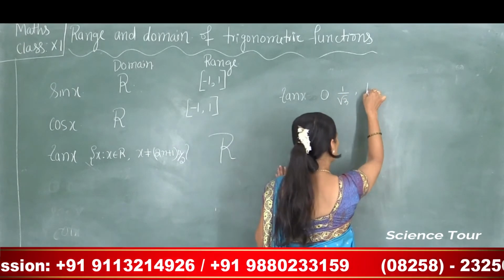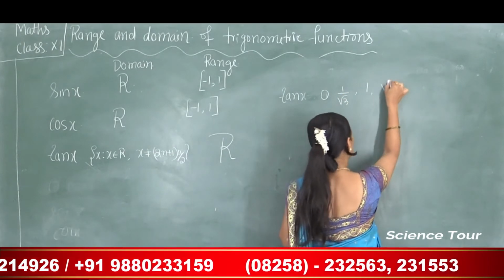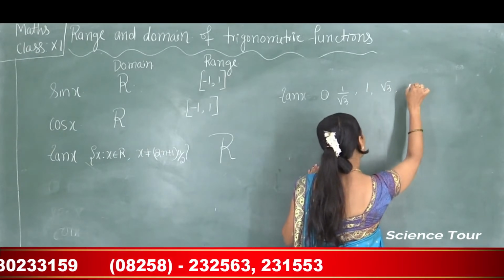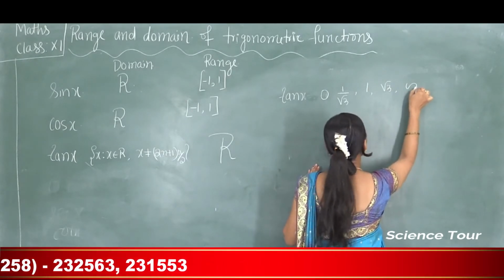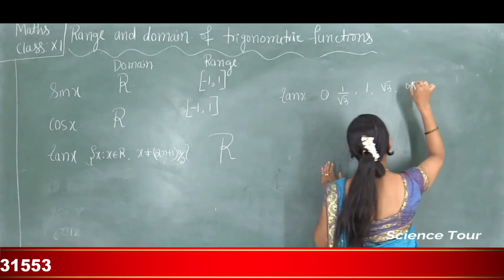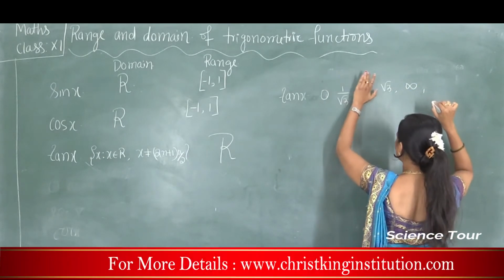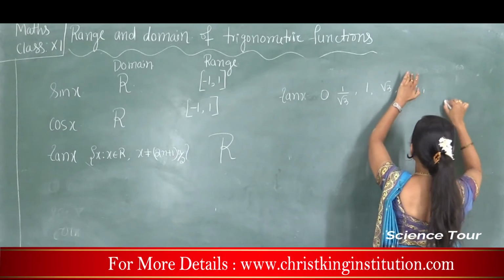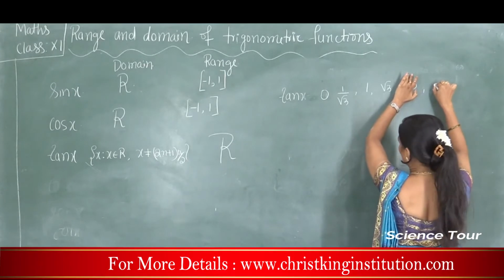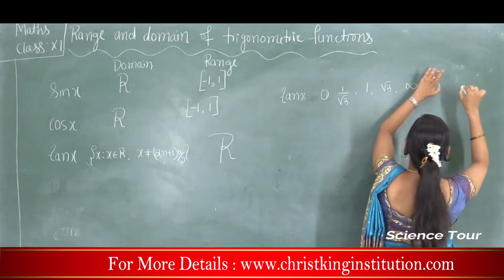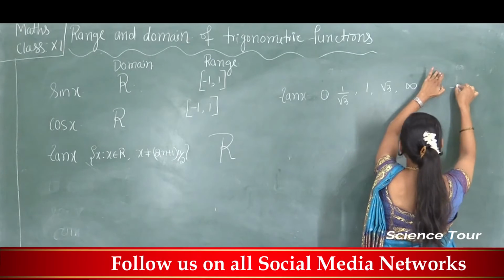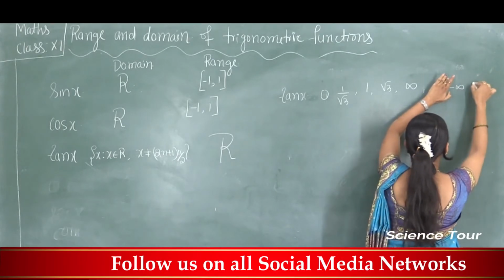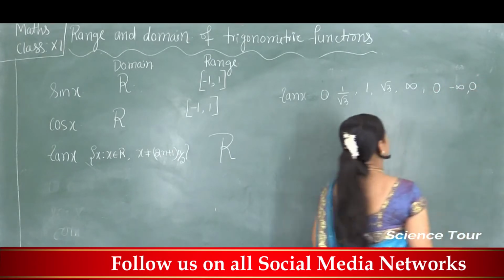Next 1. Next root 3. Next infinity. Right now 0, 30, 45, 60, 90, 180 is 0. Next 270 is minus infinity and 2π is 0. Right now these are the values.